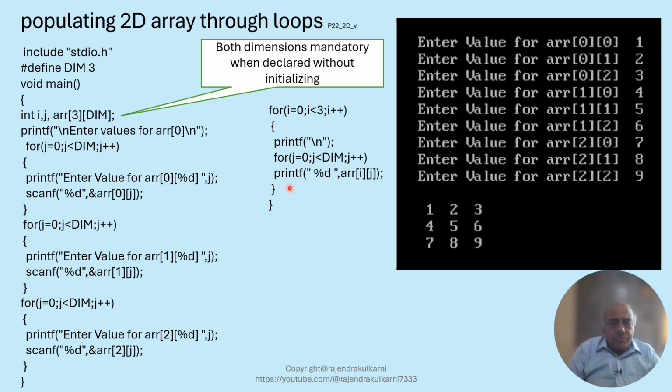So for every prompt asking the user to enter the values, I have entered the values 1, 2, 3 up to 9, and these values are getting assigned to the elements of the array ARR, and this printf statement is displaying these values as 1, 2, 3, 4, 5, 6, 7, 8, 9. This is the screenshot of the output screen when I ran this program.